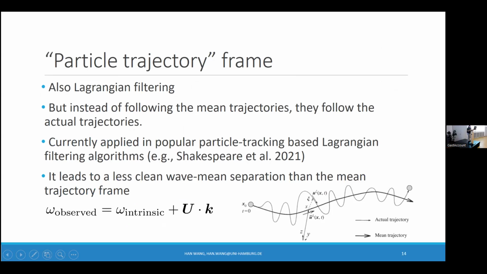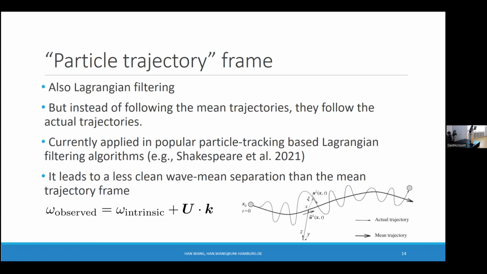And if you are into this kind of stuff, you can also see that there is another very popular Lagrangian filtering package, which follows a different framework that we refer to as the particle trajectory framework. So this is also Lagrangian filtering, but instead of following the mean trajectories, they follow the actual trajectories. And this is currently applied in a lot of very nice and very popular packages, like the one by Shakespeare et al. But again, I think they are doing a less clean job than the GLM framework because they are following the particle trajectories instead of the mean trajectories.